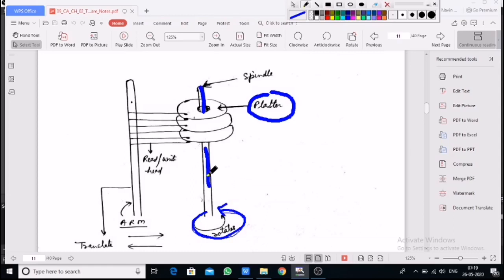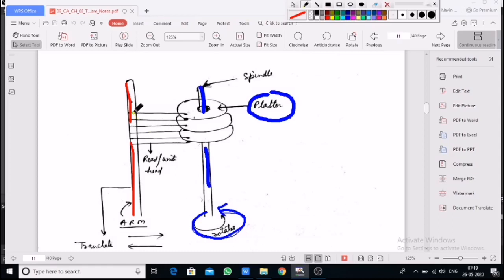It only rotates, it does not translate. When this spindle rotates, the platters also rotate. Then there is one more arm in this hard disk drive.